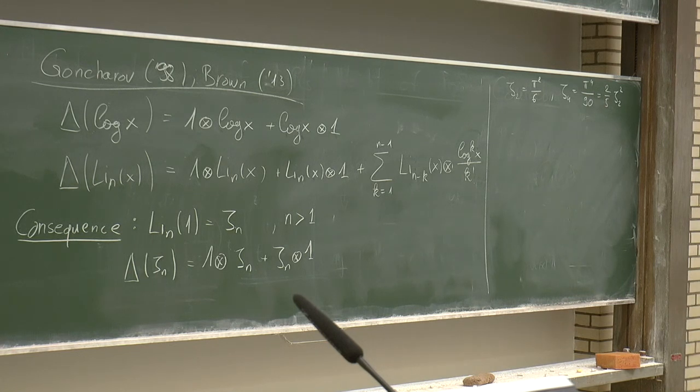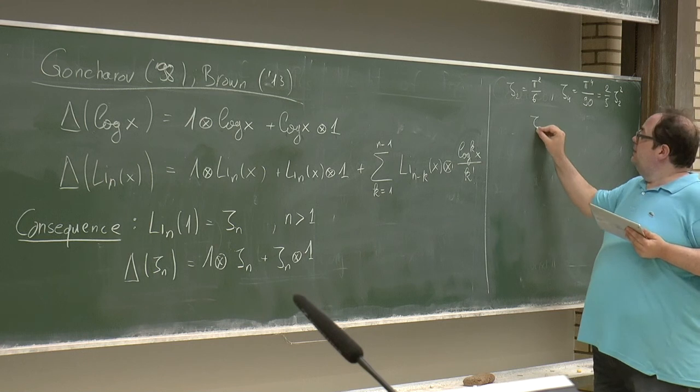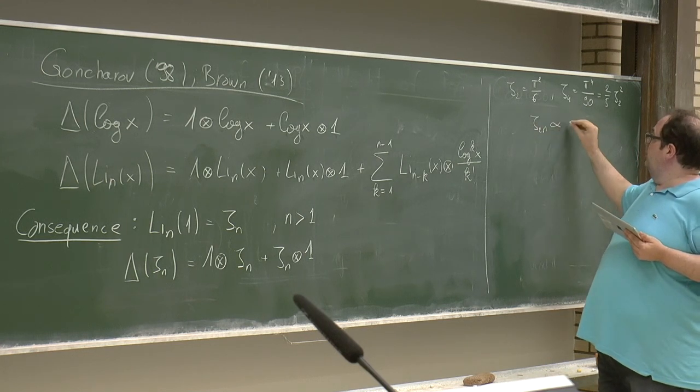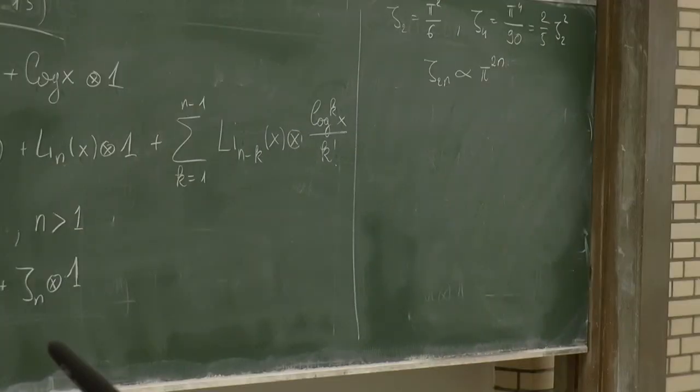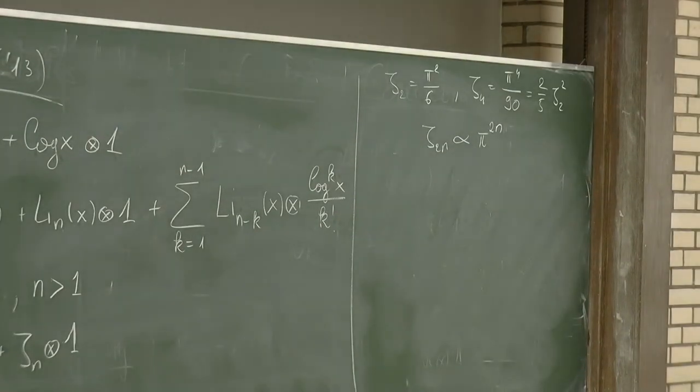Okay? In general, zeta 2n is proportional to pi to the power 2n. This was shown by Euler already a few hundred years ago.